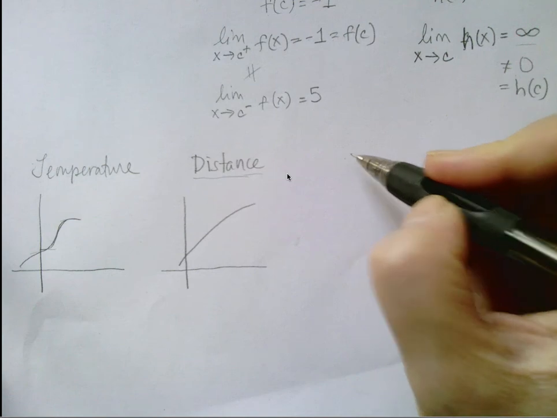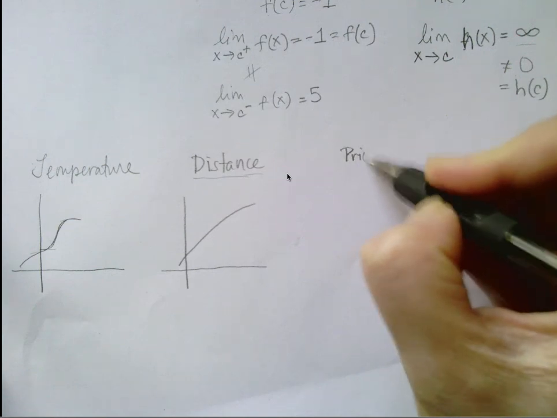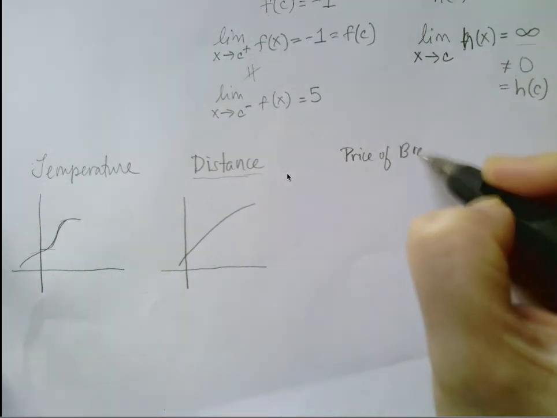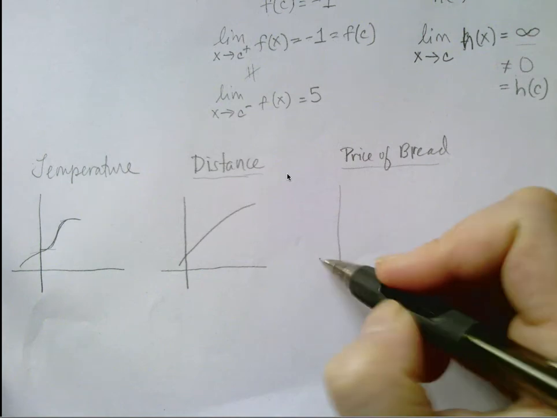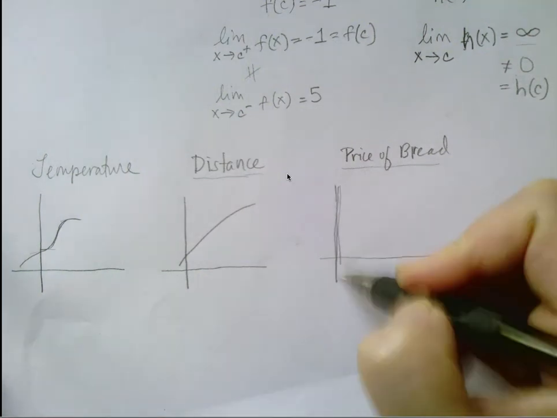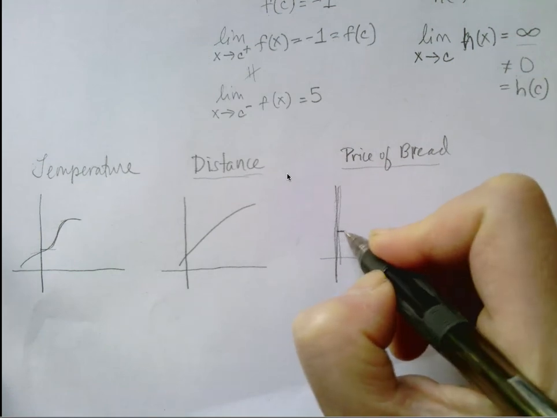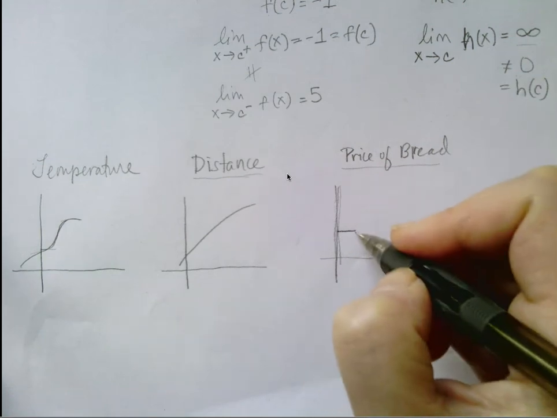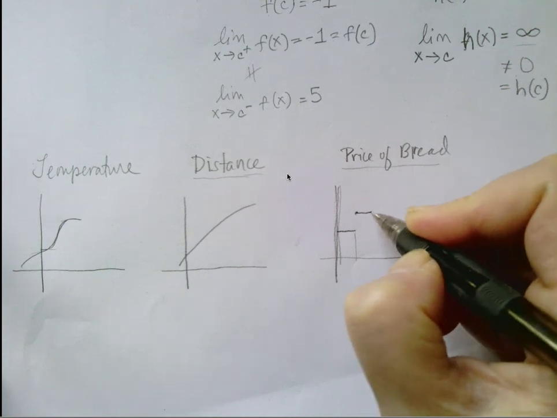But something that isn't continuous, for example, would be, say, the price of bread. And that price doesn't move very quickly. So let's just say this x-axis is in years. Usually it's some price, and maybe the next year it's a different price.